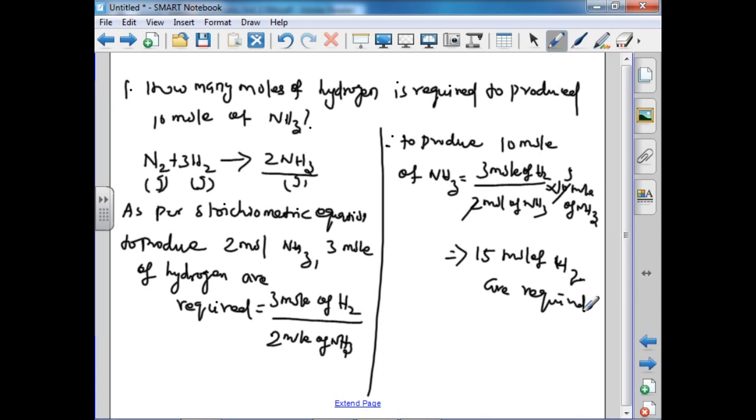So only 15 moles are required to produce the 10 mole of ammonia.